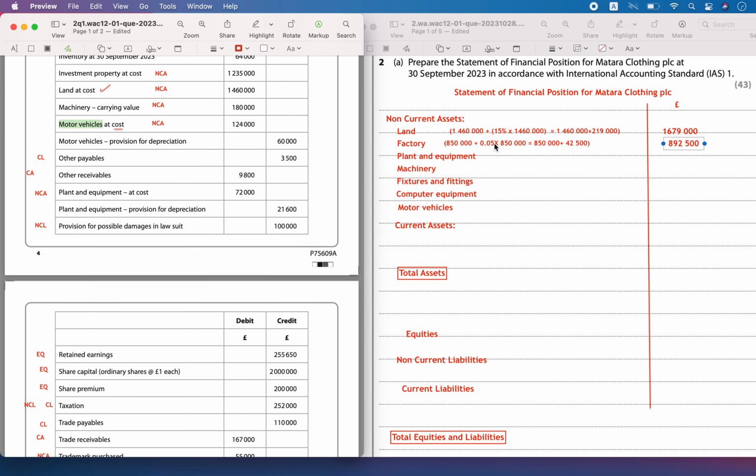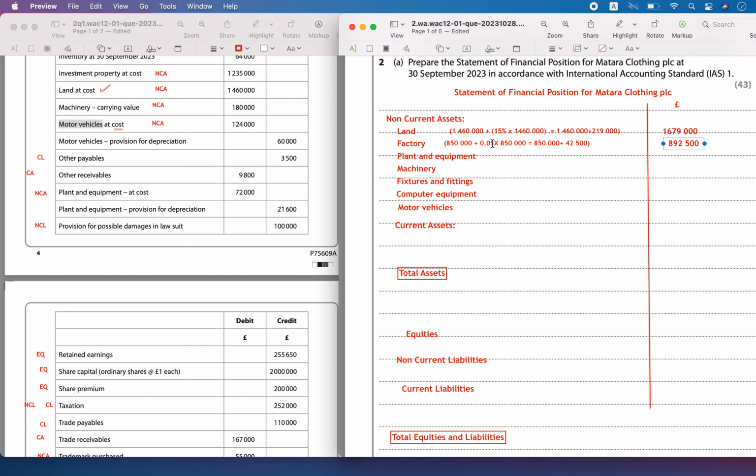So the cost is 72,000. So 72,000 divided by 10 is equal to 7,200.